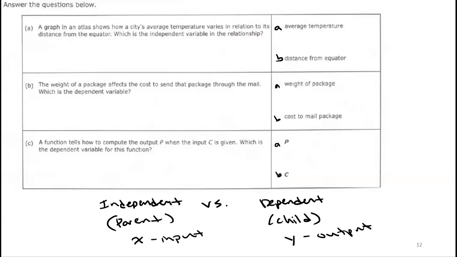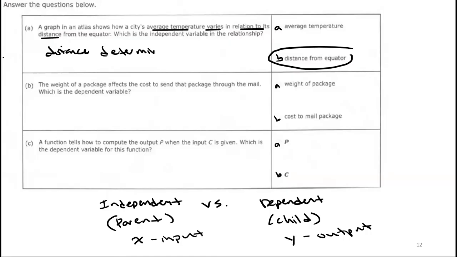Well, it's going to be the distance from the equator. The distance determines the average temperature.